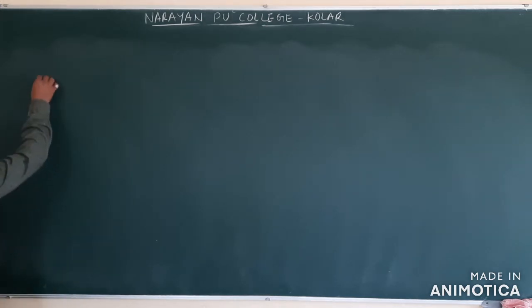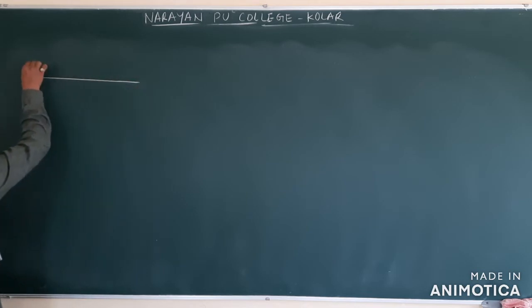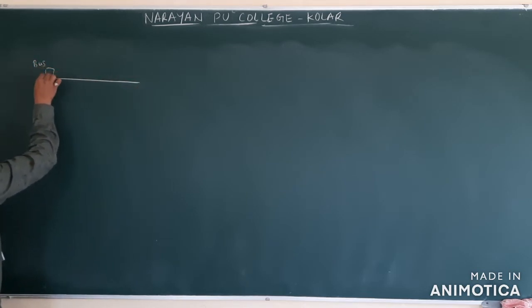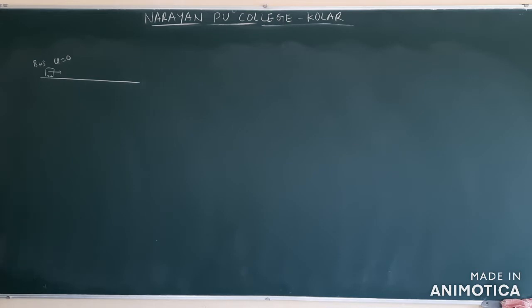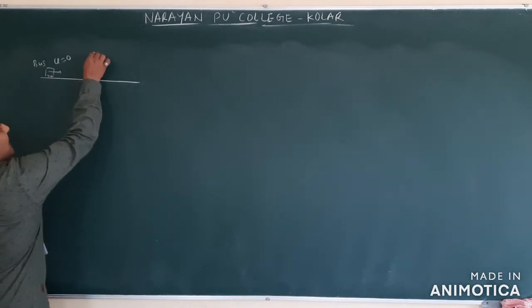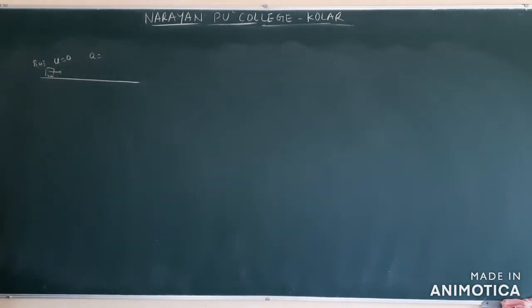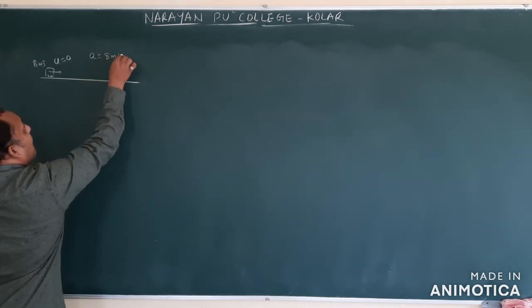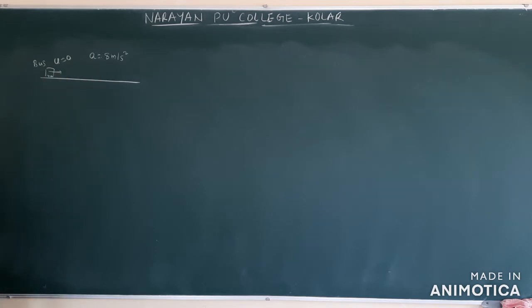One is the bus. The bus is starting here. It starts from rest, therefore the initial velocity is 0, and it moves with constant acceleration, which they give as 8 meter per second square. So it is starting and moving like this.